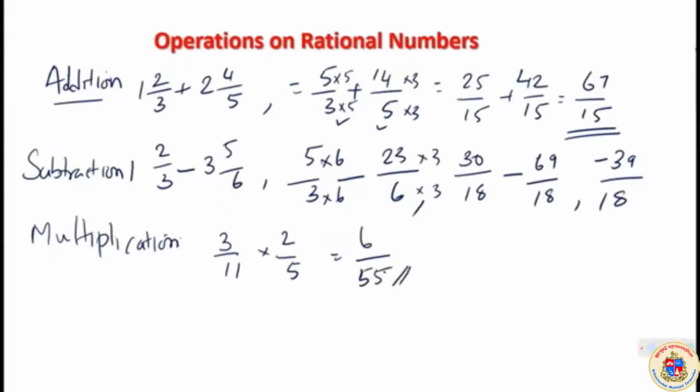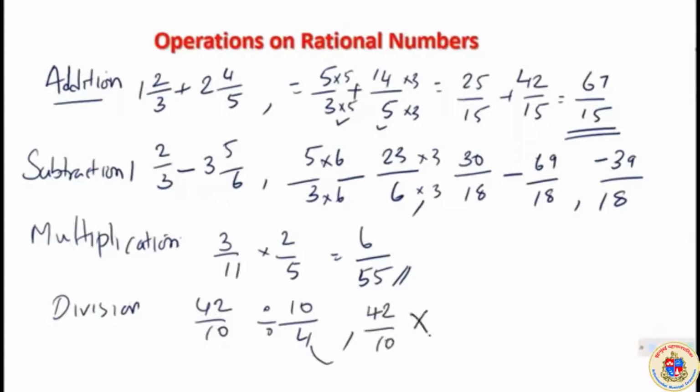All rules of integers, addition, subtraction, multiplication and division, you have also studied, so that will be incorporated into it. If it is division, if the question is 42 upon 10 divided by 10 upon 4, you will take the multiplicative inverse of this. For example, 42 upon 10 multiplied by, the multiplicative inverse means 4 upon 10, and you will be solving it accordingly.